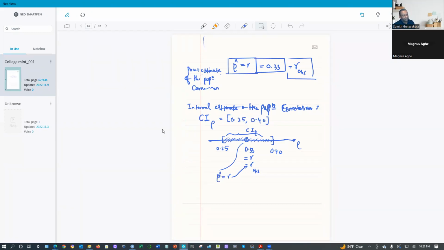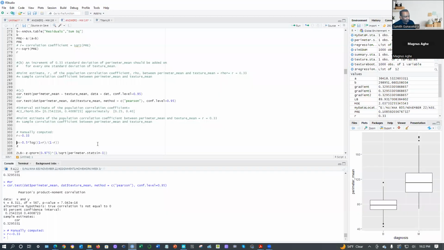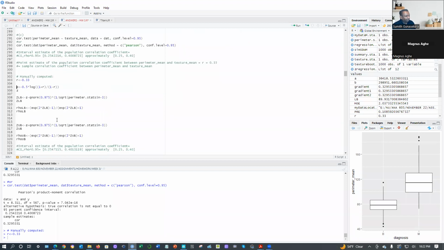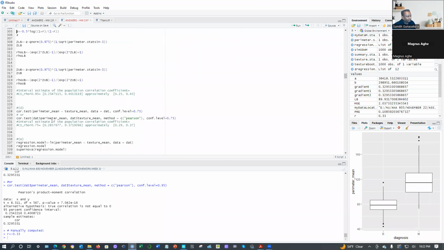This one we can calculate by hand too, because we have a mechanism to calculate by hand. We can come to that later. I'm going to skip it for the time being.